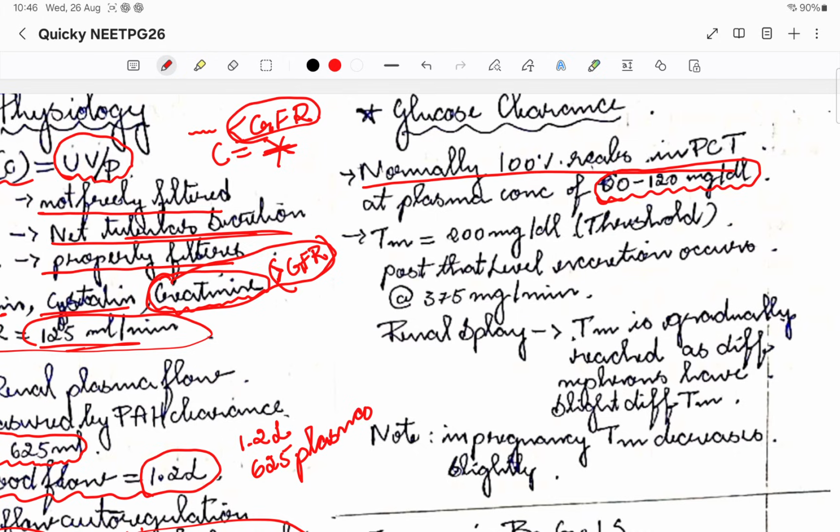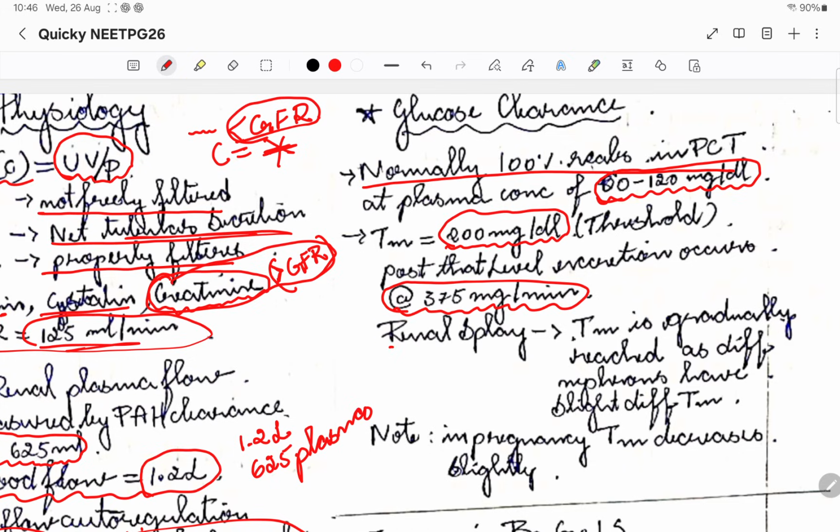But if the blood glucose level has reached 200, that is when the SGLT2 cannot work anymore, and it will stop. The leftover glucose, the amount more than 200, will pass through the urine and be excreted. The main excretion will be occurring at 375 milligrams per minute.